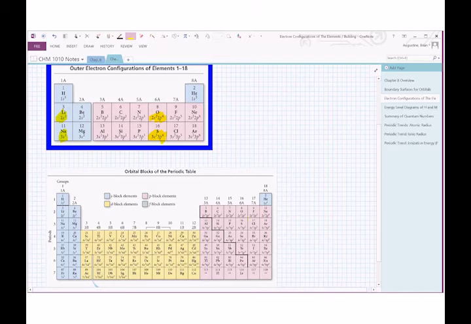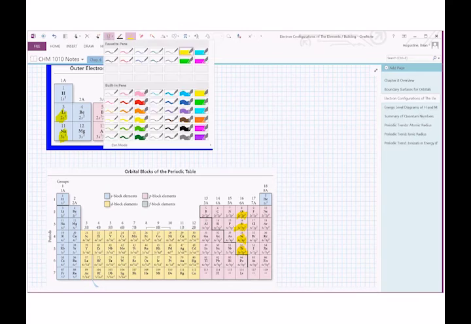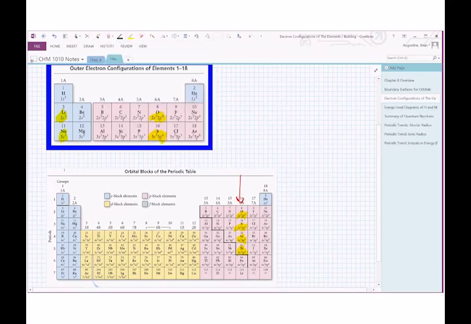In fact, if we look down here, 2s2, 2p4, 3s2, 3p4, 4s2, 4p4, 5s2, 5p4. So within a group in the periodic table, we have the same outer shell electron configuration. So the outer electrons are called valence electrons.